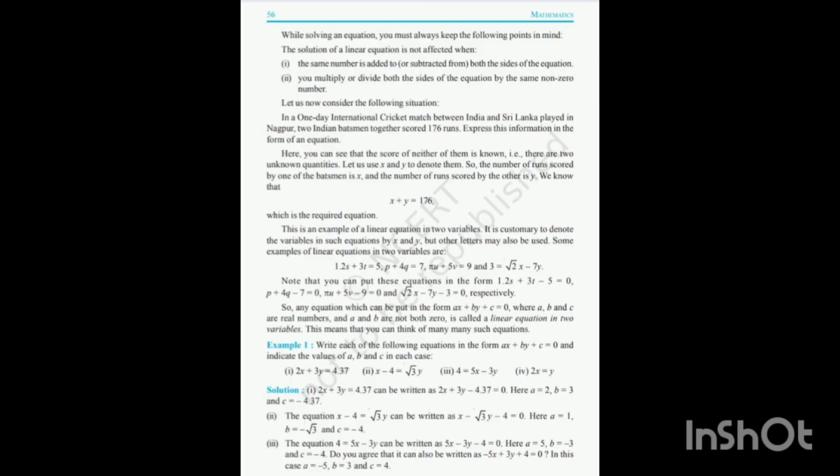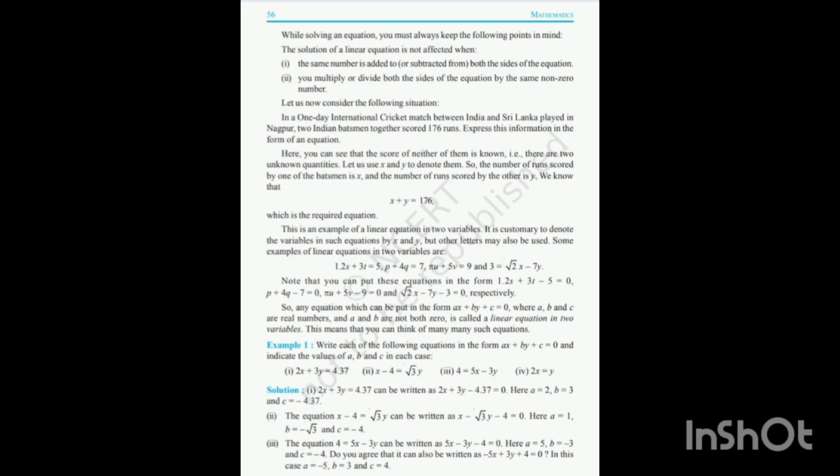That means two batsmen, and we don't know which batsman scored how much. Let us denote the first batsman as x and the second batsman as y. We know the total score is 176. So we can say x plus y is equal to 176. So this is your two variable equation.